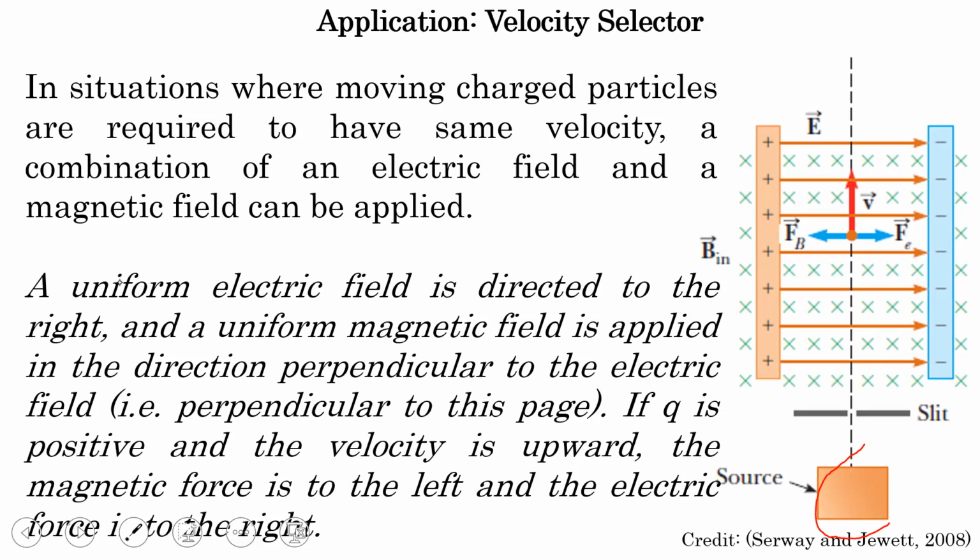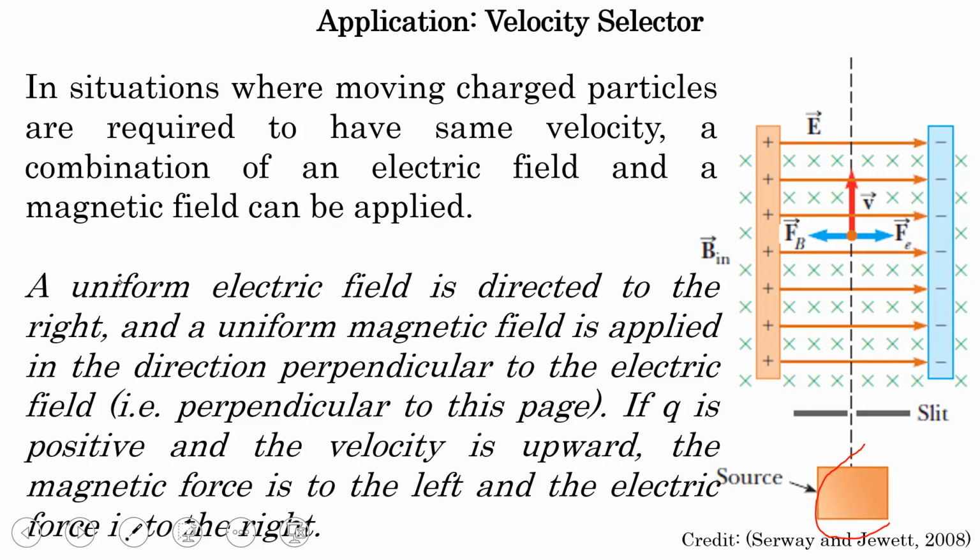So you can see that FB on the screen is pointing to the left. That direction to the left is perpendicular to the velocity, which is moving upwards. And it's also perpendicular to the magnetic field, which is pointing into the screen. So the magnetic force should be mutually perpendicular to the direction of the velocity and the direction of the magnetic field.